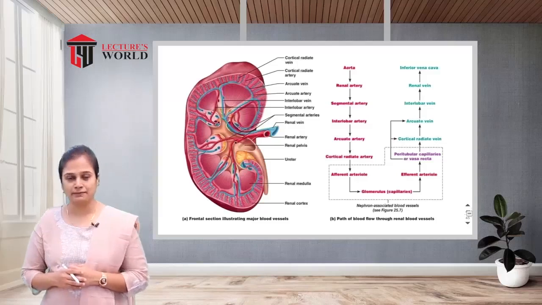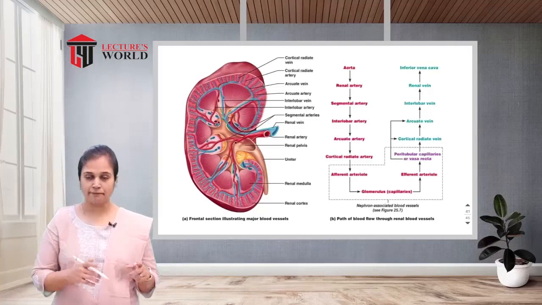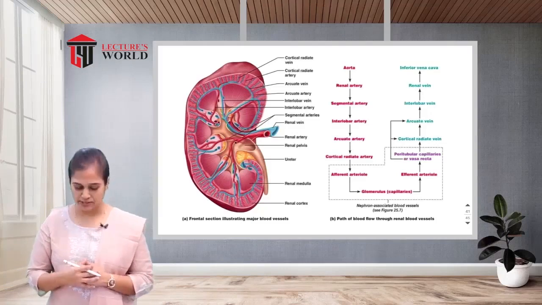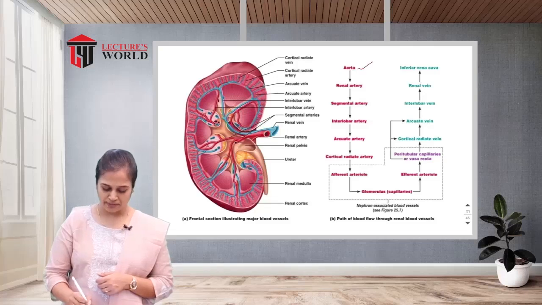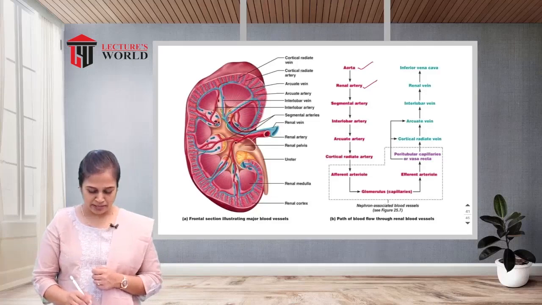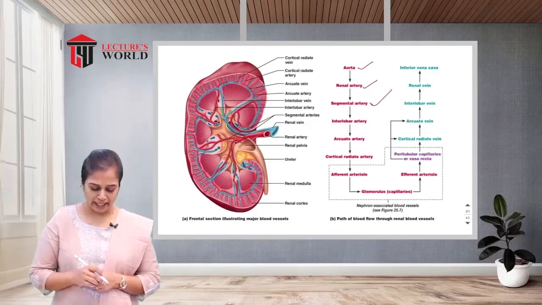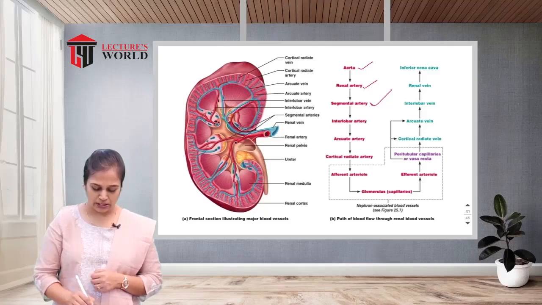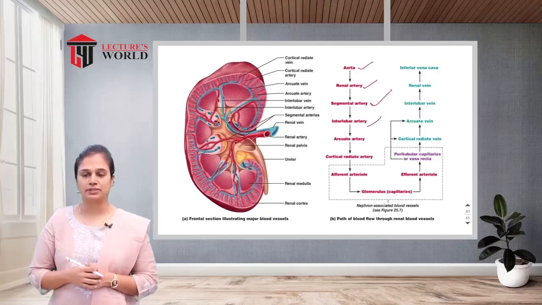In blood supply, we will see from where the kidney receives blood and into which vein it drains the blood. From the aorta, blood comes into the renal artery. The renal artery branches into the segmental artery. From the segmental artery, it goes into the interlobar artery.